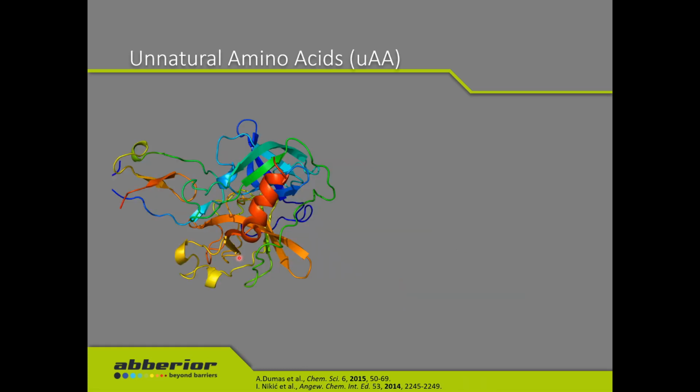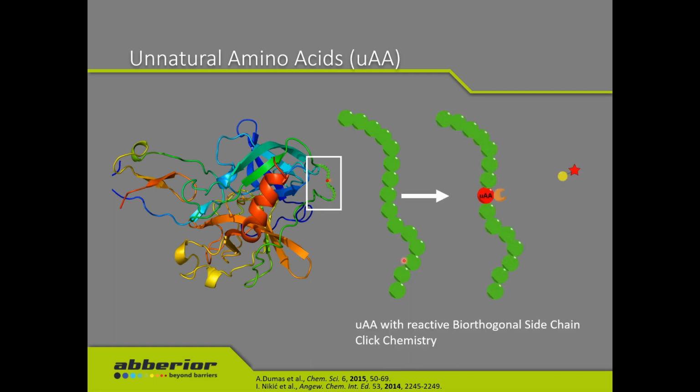Therefore, another strategy could be the use of unnatural amino acids. If you look at this part of a protein where each of these green bubbles is one natural amino acid, you could exchange one natural amino acid for an unnatural amino acid.